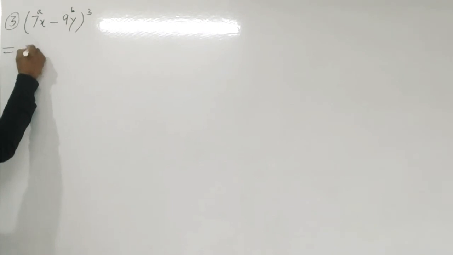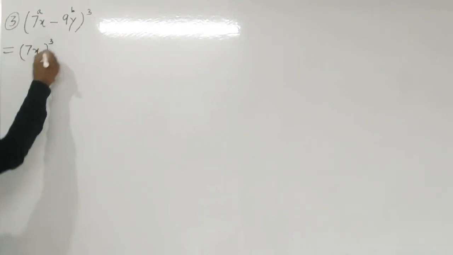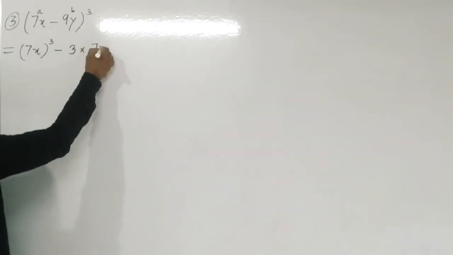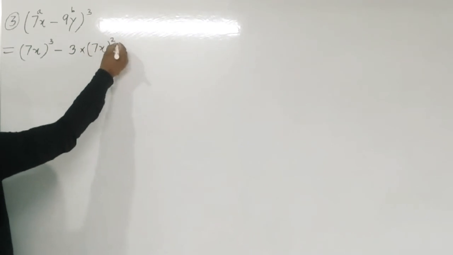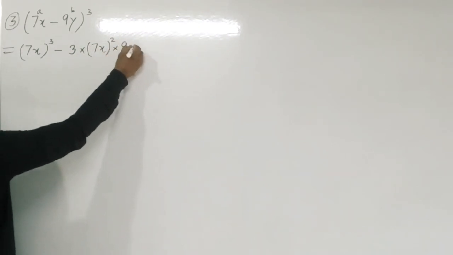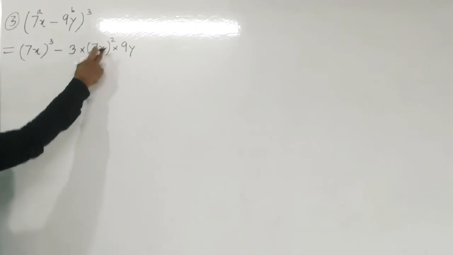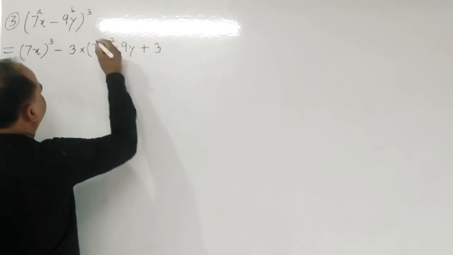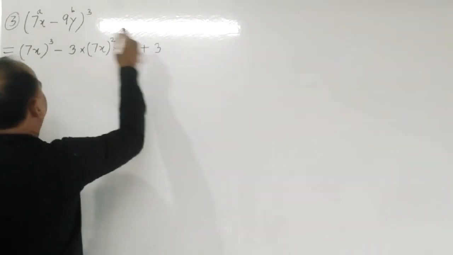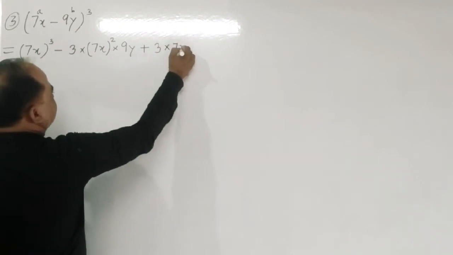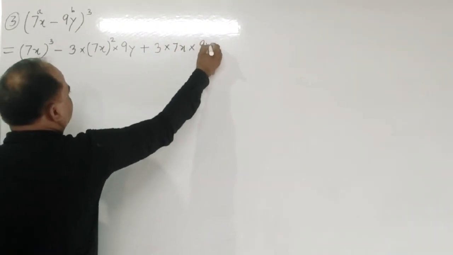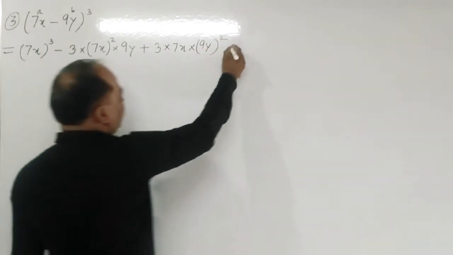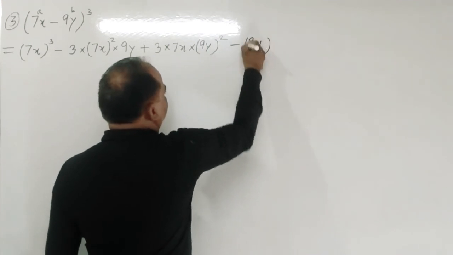So 7x cube, minus 3 times 7x square into 9y, a cube minus 3a square b, plus 3a, 7x into b square, that is 9y square, minus (9y) bracket cube.